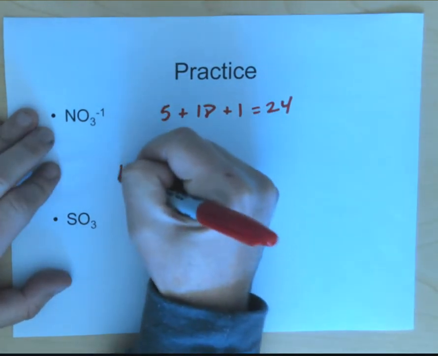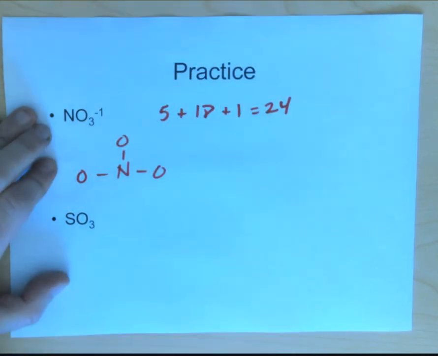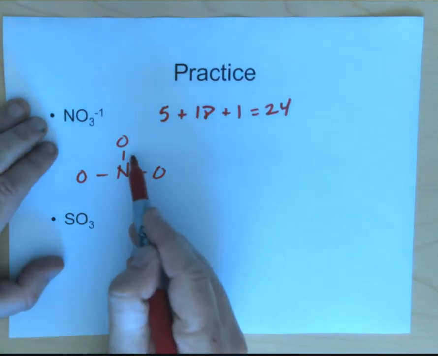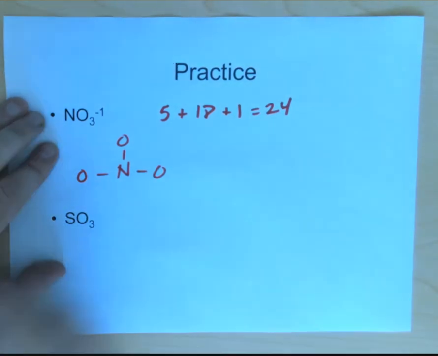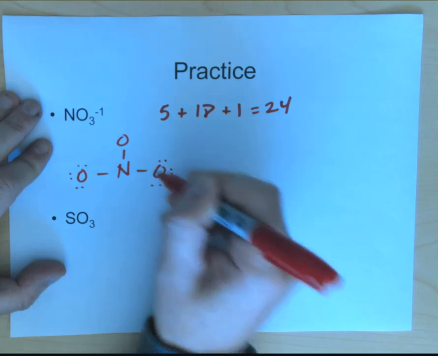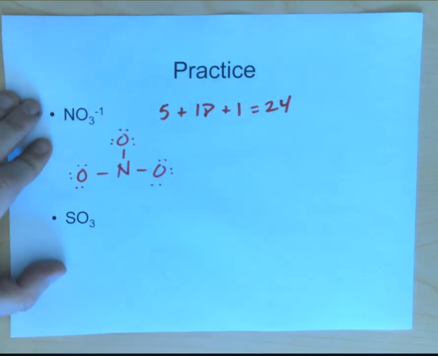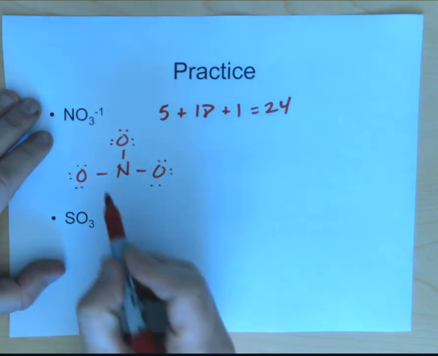I put the nitrogen in the middle, and I connect the 3 oxygens to it with single bonds. I've distributed 6 electrons so far, so I have to distribute 18 more. So 2, 4, 6, 8, 10, 12, 14, 16, 18. That's my 24 electrons.